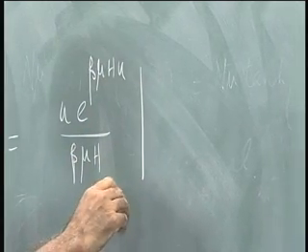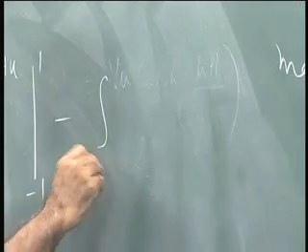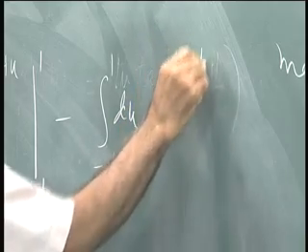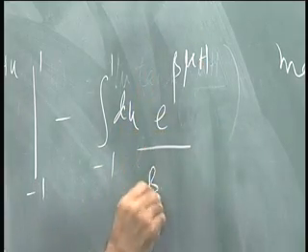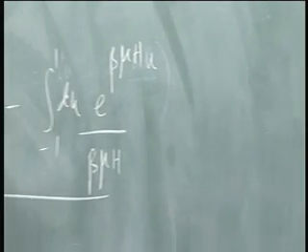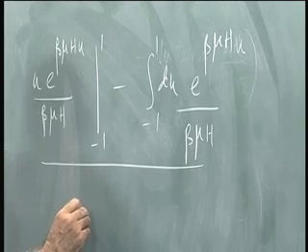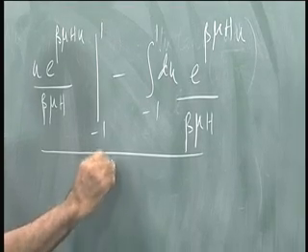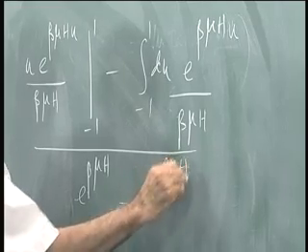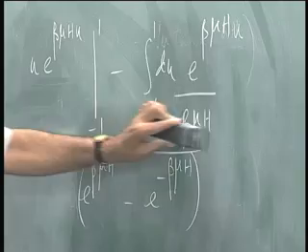Integrated from minus 1 to 1, minus an integral from minus 1 to 1 du, divided by, I can do this integral directly, it is equal to e to the beta mu h minus e to the minus beta mu h, divided by beta mu h, which cancels above and below.